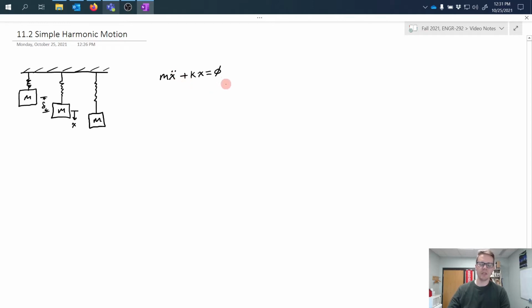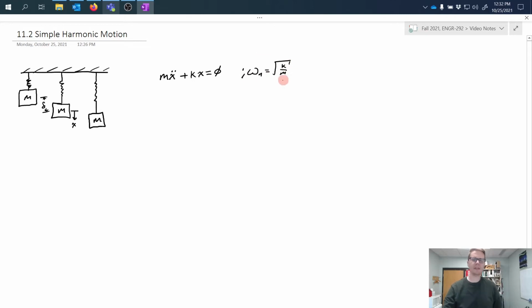times x equals 0. Now, we're going to redefine this equation a little bit by saying that the natural frequency of a system can be defined as omega n, and it's equal to the square root of k over m.